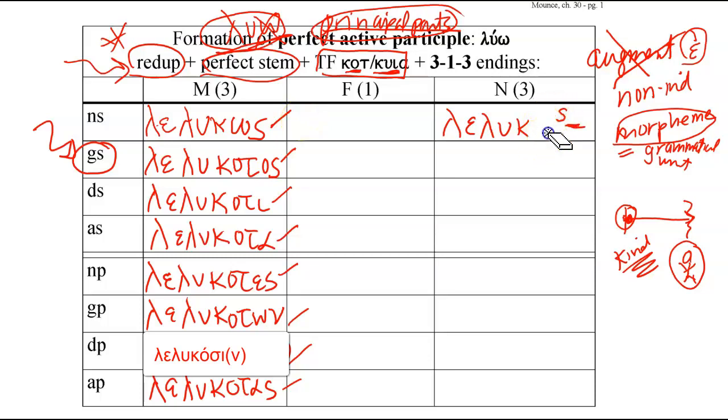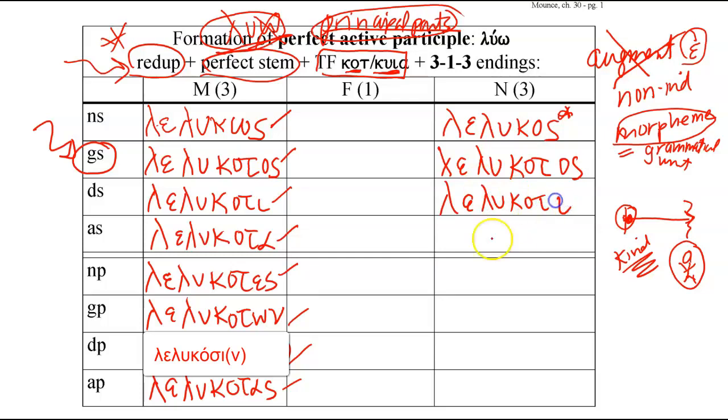So the final form looks like this: lelukos. So we have the reduplication, we have the stem, we have the tense formative for the perfect participle, and then the genitive singular form is -os. So lelukotos is the genitive singular form for the neuters.